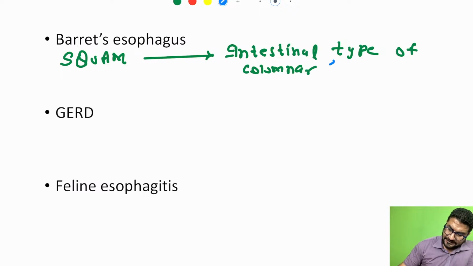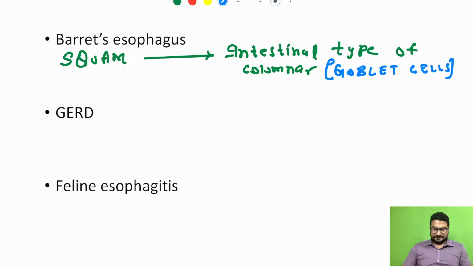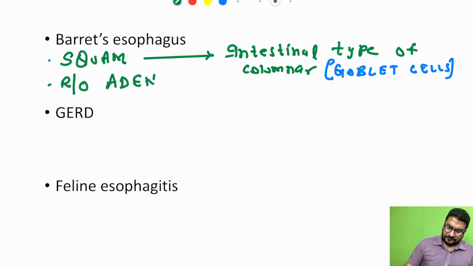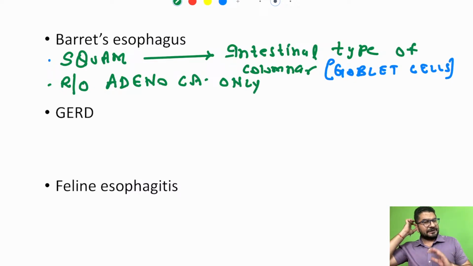And this intestinal type columnar epithelium is special because it will have goblet cells. And remember, in Barrett, in the long term, there is risk of adenocarcinoma only. Barrett will not convert into squamous cell carcinoma, only adenocarcinoma.